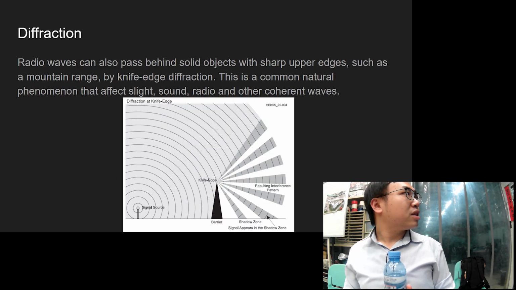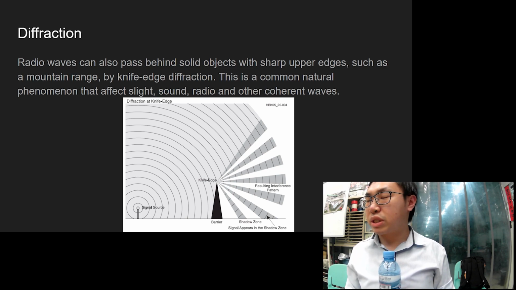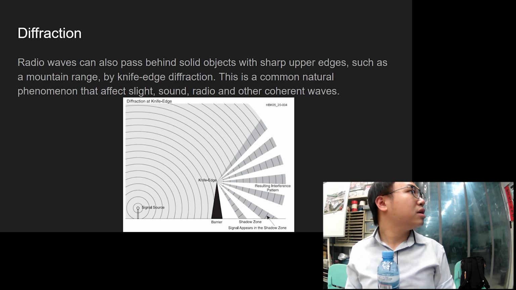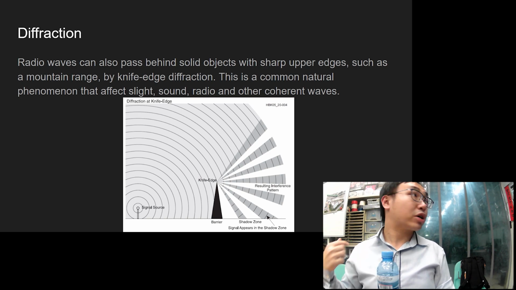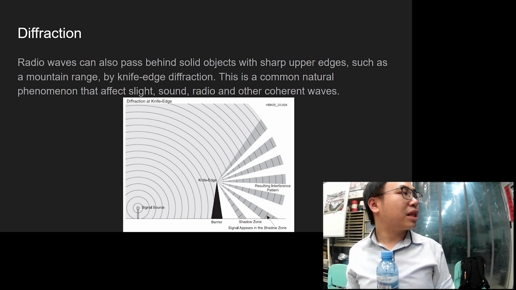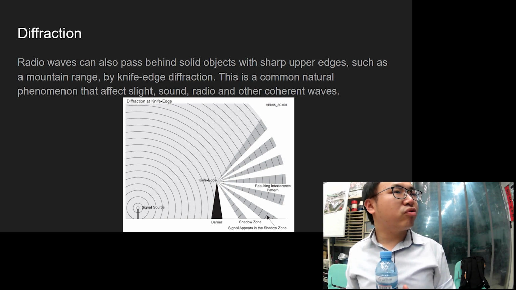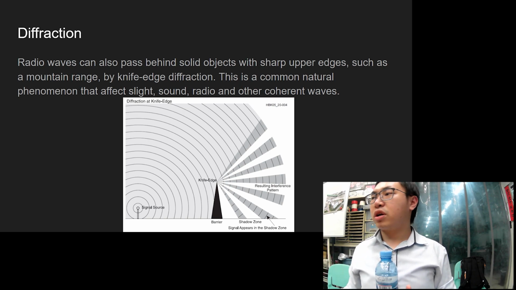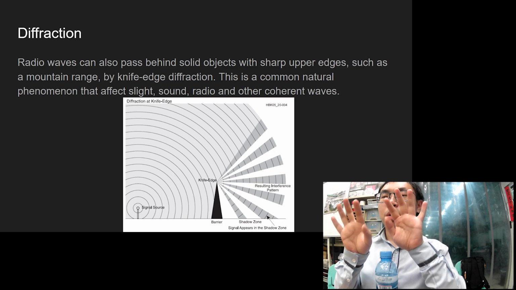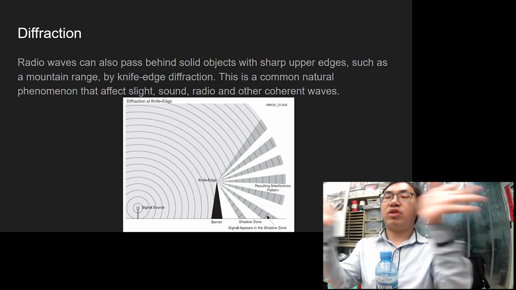Diffraction. In Chinese it is called 衍射, but in English they have one term, diffraction. The light will just go in a straight line, but if they go through some pointy stuff or go through a hole, the light will go in different directions.